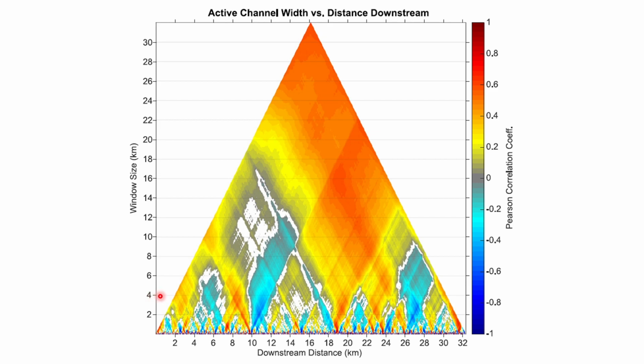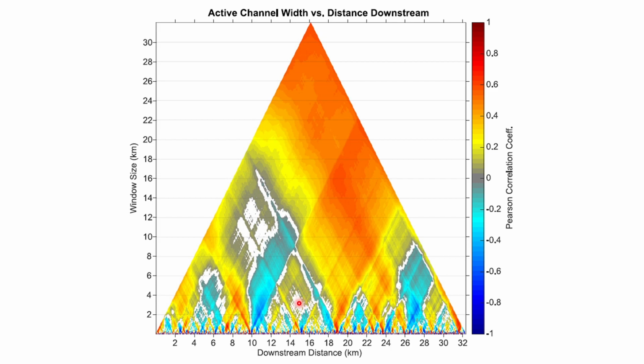If we look at the 4 kilometer window size here, so if we take 4 kilometers of the river and do the relationship and then move that 4 kilometer window down and down and down, we're getting all of these different colors to represent these different relationships. At the 4 kilometer scale, we're getting an increase over a certain distance, but then the width decreases, and then it increases again, and then it decreases fairly dramatically.